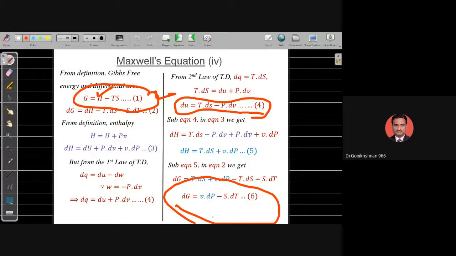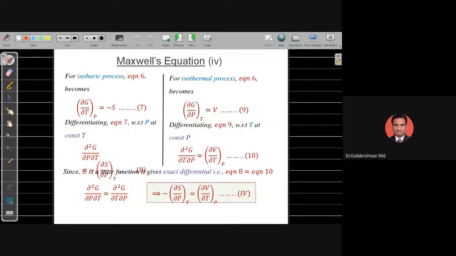One term I have to choose, and the next term I have to make 0 by selecting a suitable condition. If I want to make dP equal to 0, I have to select a constant pressure process. Next I have to take dT equal to 0, that means change in temperature is 0, which is nothing but an isothermal process. After selecting all these things, we will get this expression, and we have to differentiate twice.